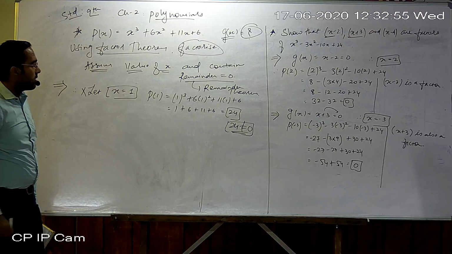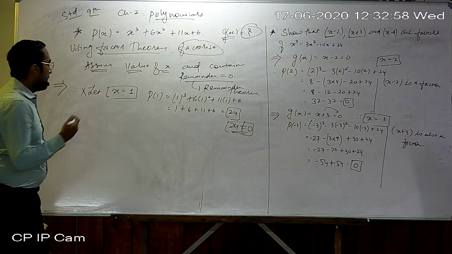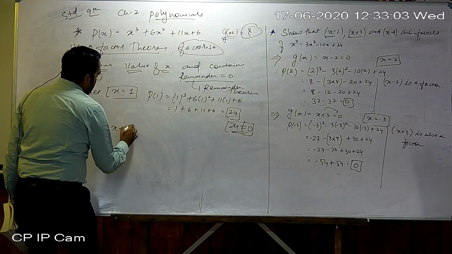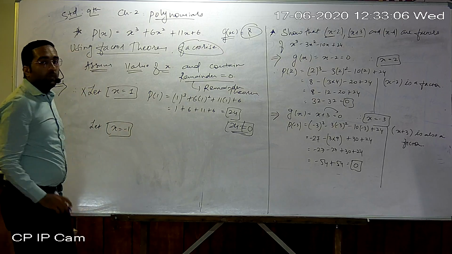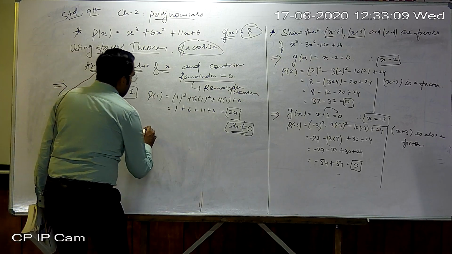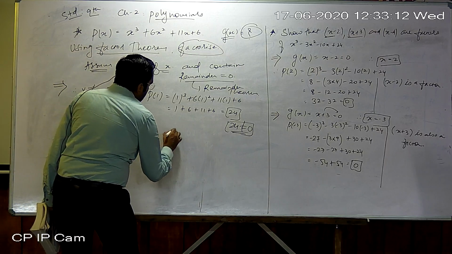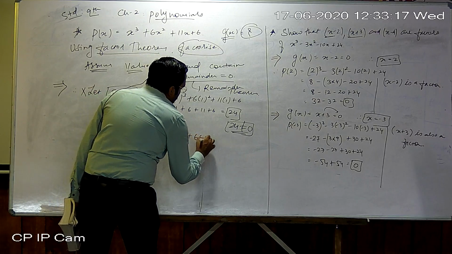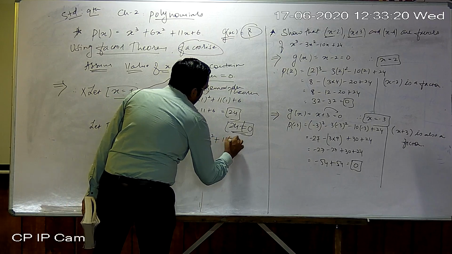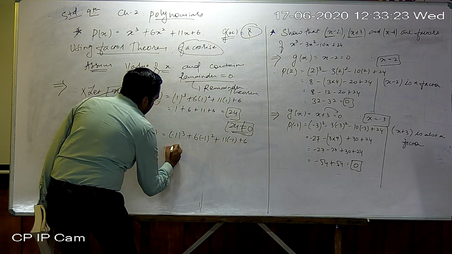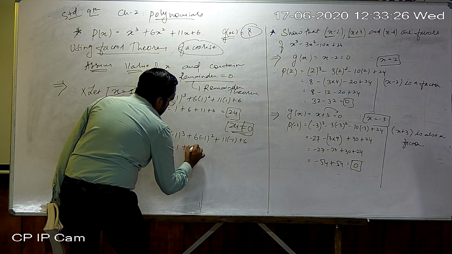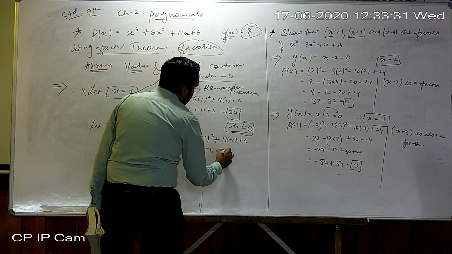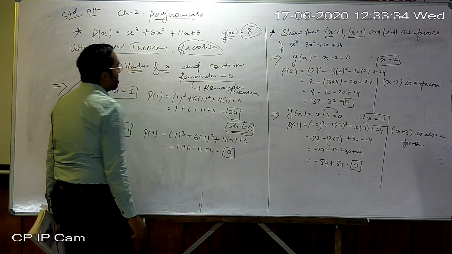So what is the next step? Now I'll take x equal to minus 1. So p of minus 1 is equal to minus 1 cube plus 6 times minus 1 square plus 11 times minus 1 plus 6. That's minus 1 plus 6 minus 11 plus 6. That gives me 6 plus 6 is 12, 12 minus 12, that is 0. Here my remainder is 0.